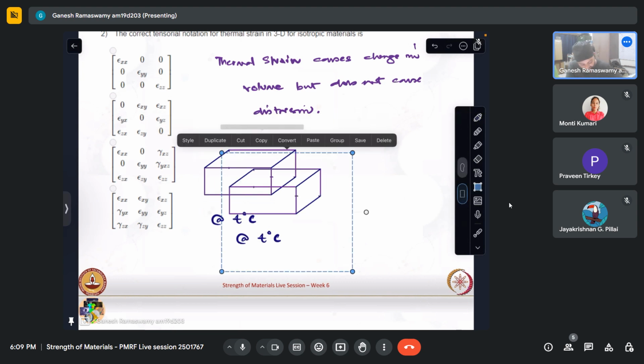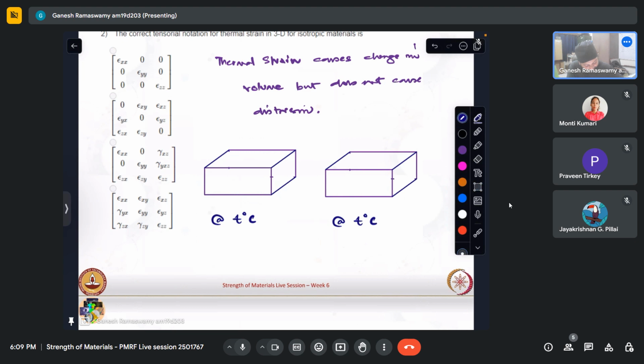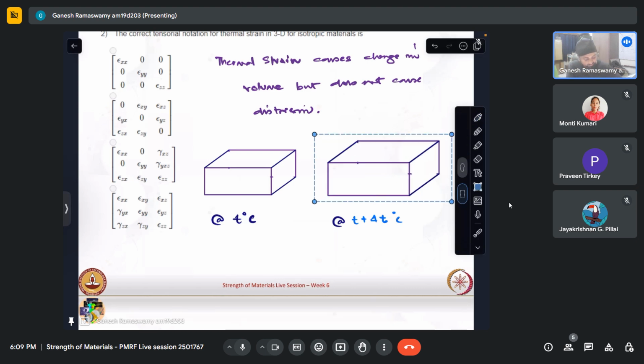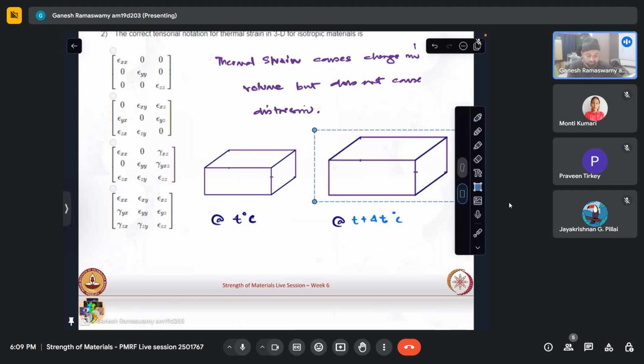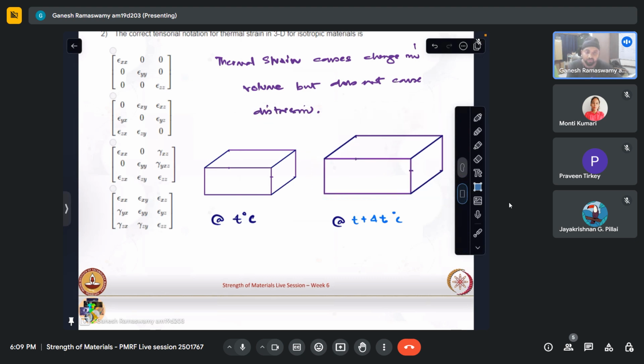Now if I were to heat it uniformly, so at T plus some delta T, what we would essentially see is, where delta T is positive, this would have increased this way. So what this implies is it doesn't cause shear strains.